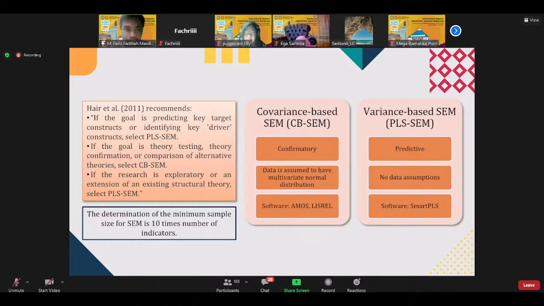As you know, Hair et al. recommend that if the goal is predicting key target constructs or identifying key driver constructs, select PLS-SEM. And if the goal is theory testing, theory confirmation, or comparison of alternative theories, select covariance-based SEM.